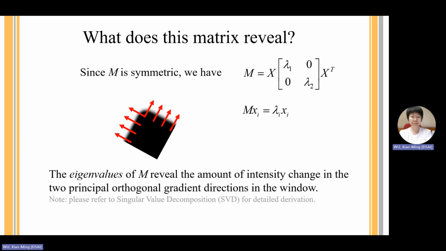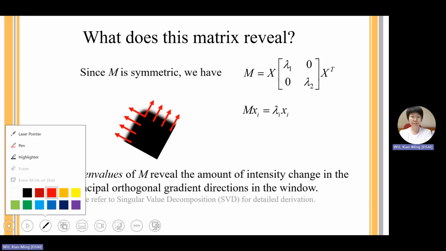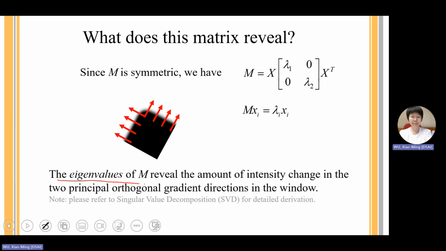Anyway, if we have a non-axis aligned case, we just look at the eigenvalues of matrix M. We will not dive into details. Within an image, oftentimes we have non-aligned cases.